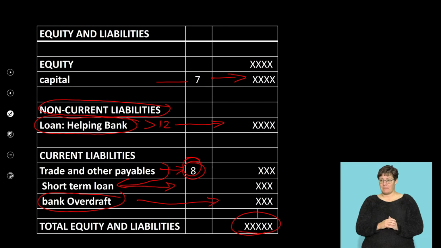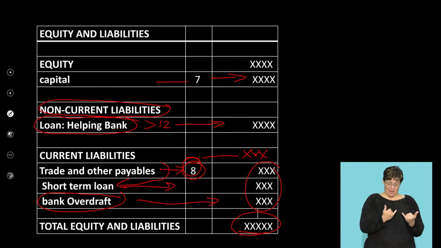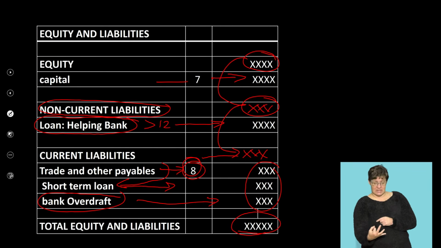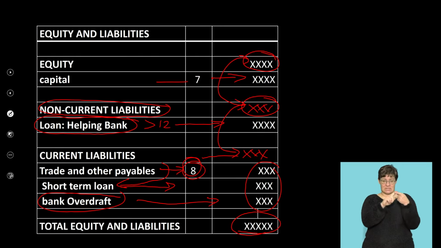I then add up my current liabilities to give me the total of my current liabilities. I now add my equity plus my non-current liabilities plus my current liabilities, so components 1, 2, and 3, right? That will then give me my total equity and liabilities.